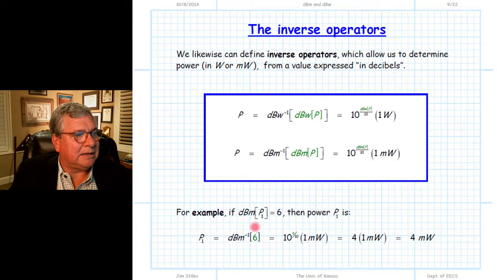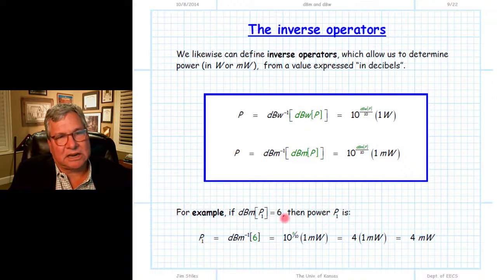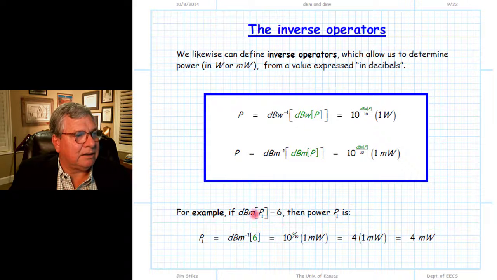So for example, let's say we have a value P1 and we express this power P1 in terms of the dBm operator. Let's say we get a value of 6. And we say, all right, the power P1 when expressed with the dBm operator is 6. What is the value of P1 in milliwatts? Well, we can apply this directly into our inverse operator.